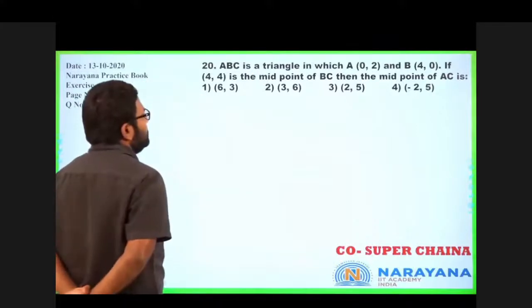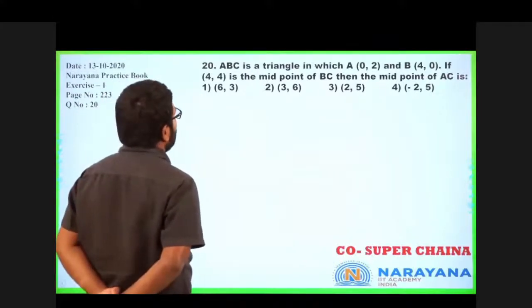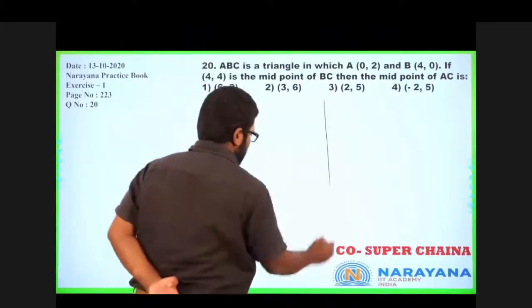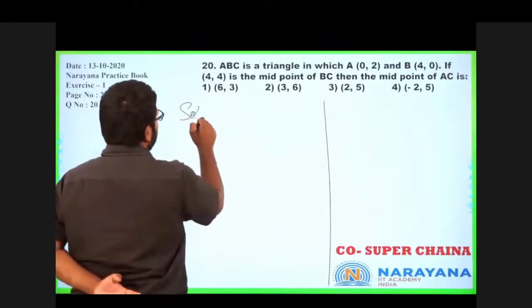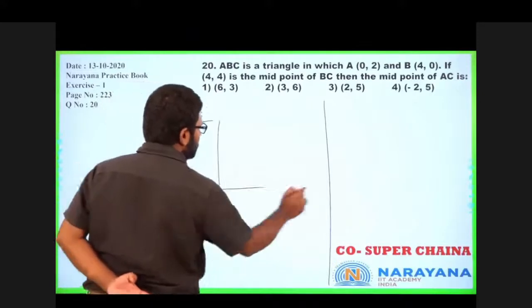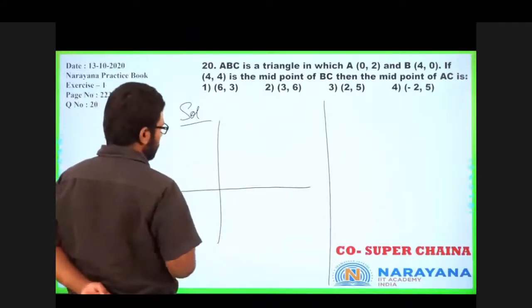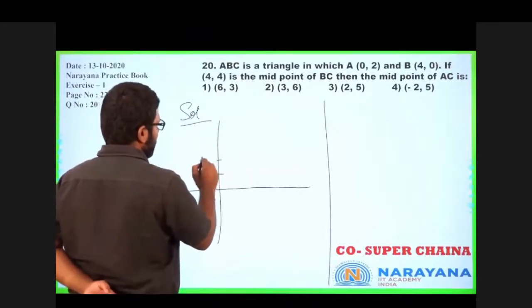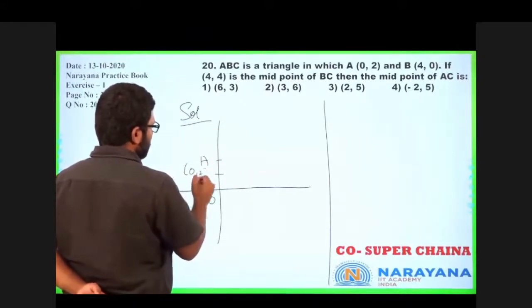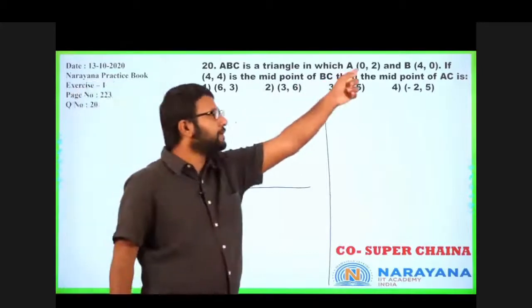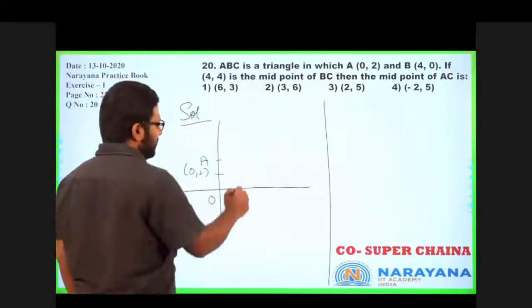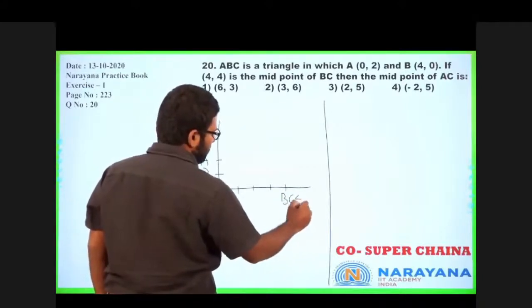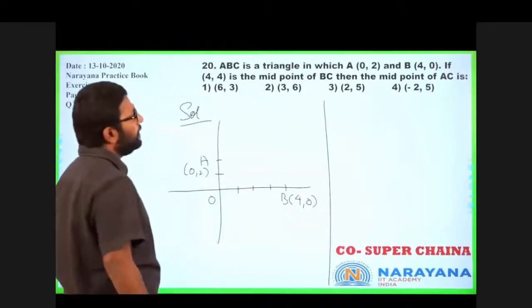ABC is a triangle in which A is (0, 2), B is (4, 0). If (4, 4) is the midpoint of BC, then the midpoint of AC is what? Alright. Since all the coordinates are given, let us just try and draw this. A is (0, 2). A would be on the y-axis because the x coordinate is 0. Similarly, B is (4, 0), the y coordinate is 0.